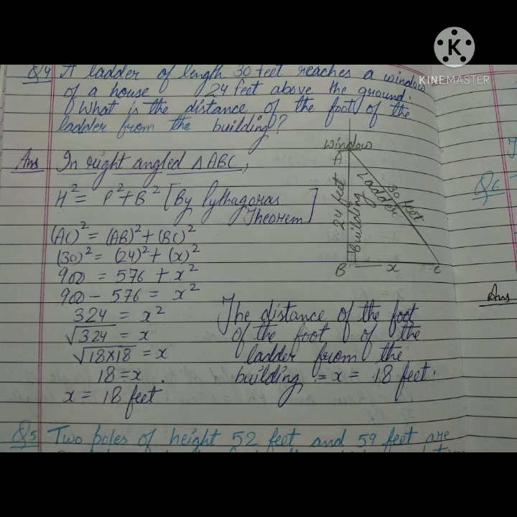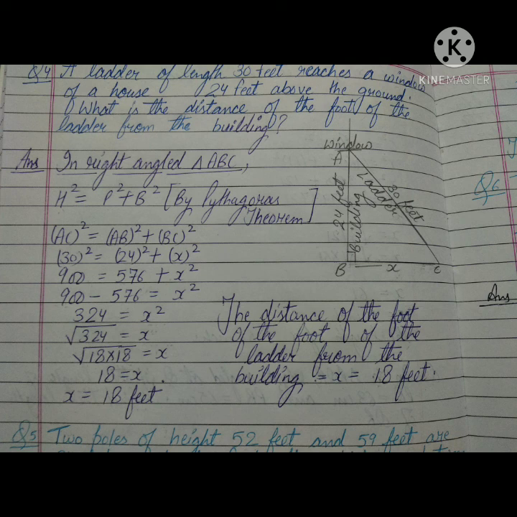In question number 4, a ladder of length 30 feet reaches a window of a house 24 feet above the ground. What is the distance of the foot of the ladder from the building, right? You have one building, and the ladder is 30 feet. What you have done is placed a ladder from the ground against a building, right. The ladder reaches the window. The height of the window from the ground is 24 feet and the length of the ladder is 30 feet.